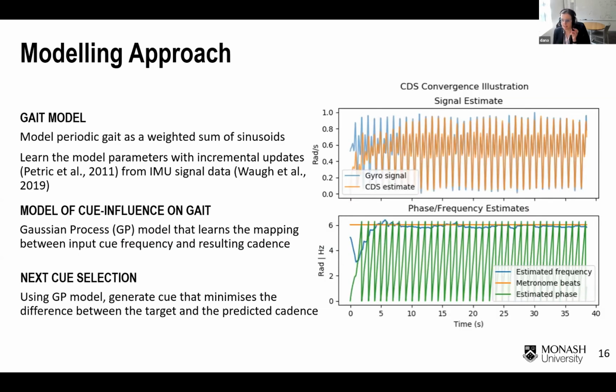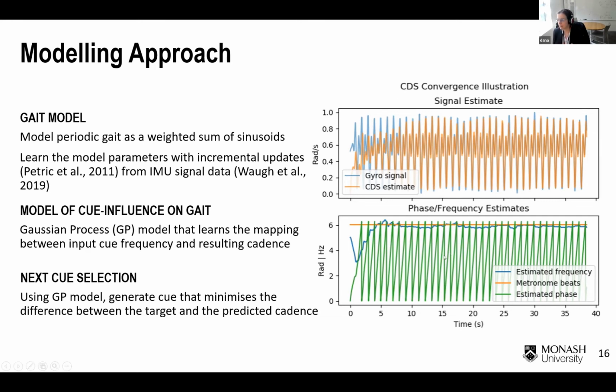So the first one is the gait model. Here we model the gait as periodic, as a weighted sum of sinusoids, and then we learn the model parameters with incremental updates from IMU signal data. And you can see that in the panel on the right.